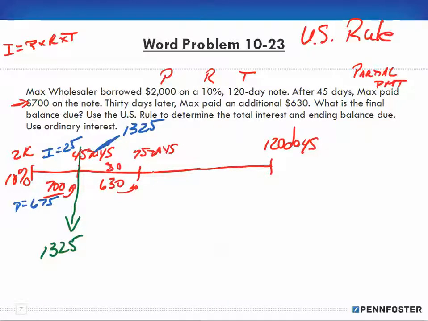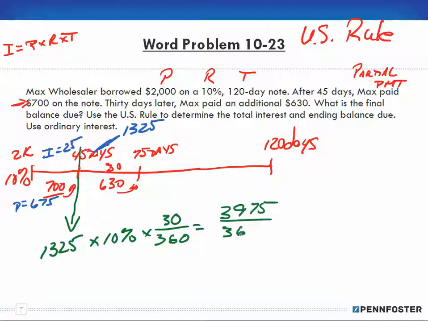Okay, and we're going to work across the next 30-day period before he makes the next partial payment. So 1,325 at 10% times 30 days over 360. Right, we do the math. 1,325 times 10% times 30 is $3,975 over 360.